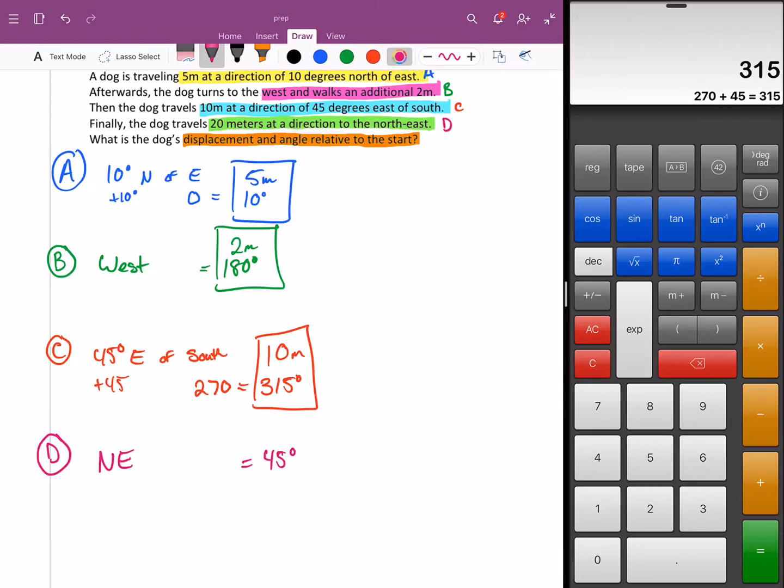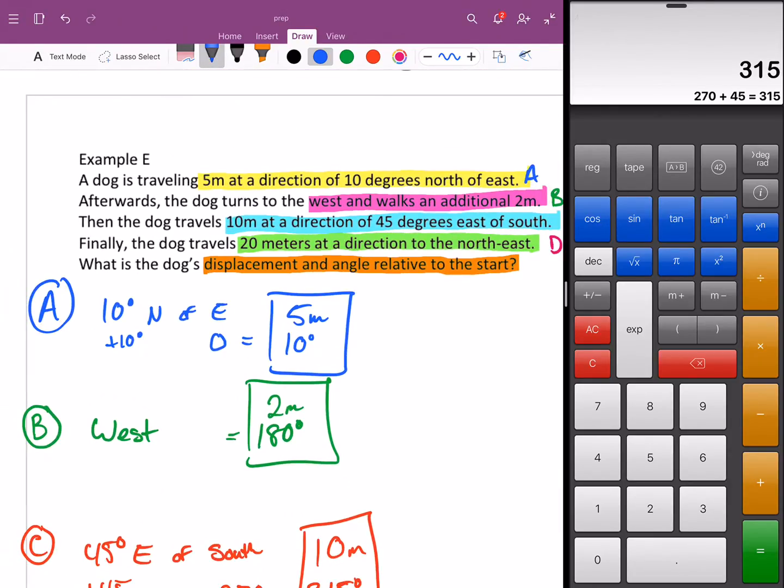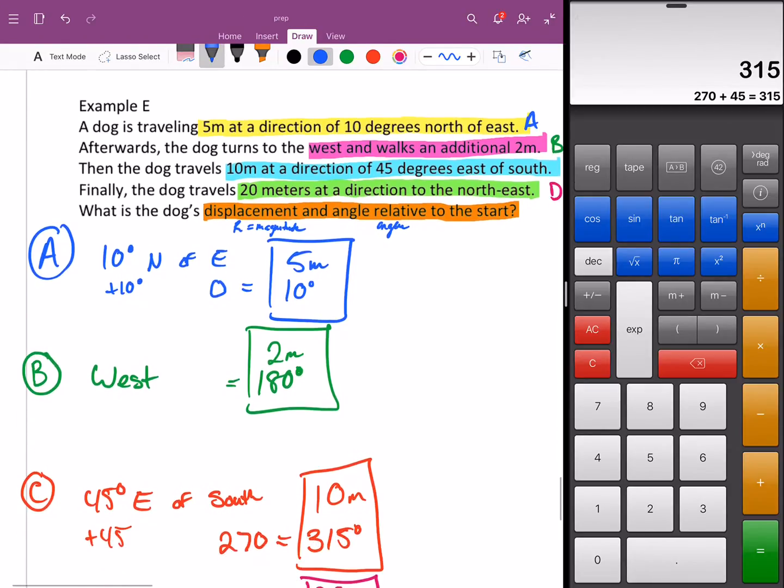And then finally D is 20. Now this question is asking us for displacement. This is the resultant vector's magnitude and its angle from the start.